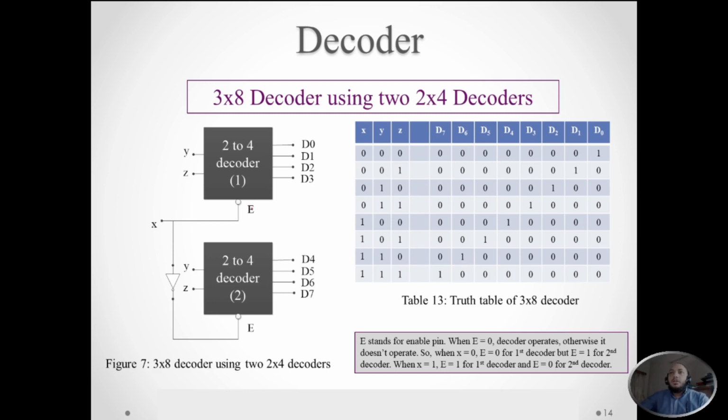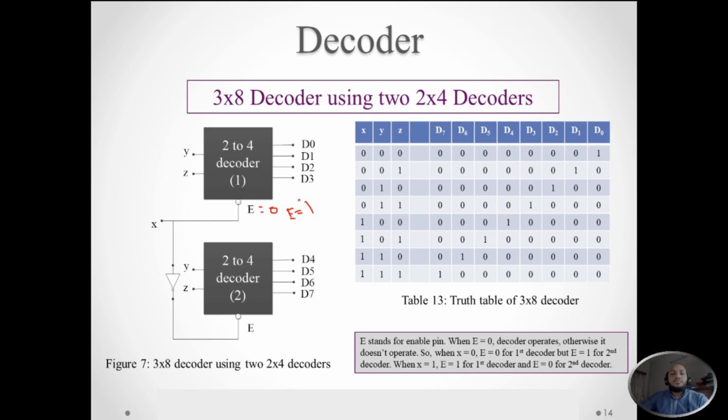But now we have used an extra pin which is called enable pin, and we say that when enable pin is 0, the decoder will operate, and if enable pin is 1, the decoder won't operate. Using this logic we can easily build a 3:8 decoder using two 2:4 decoders.